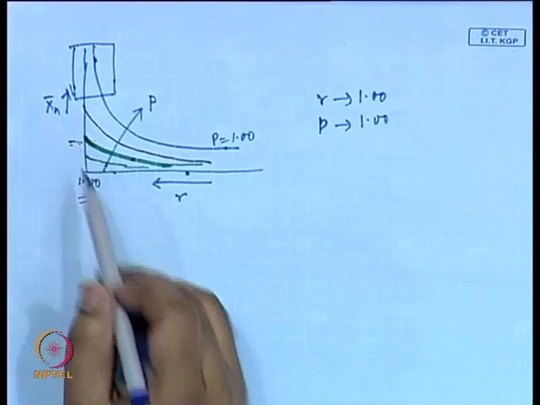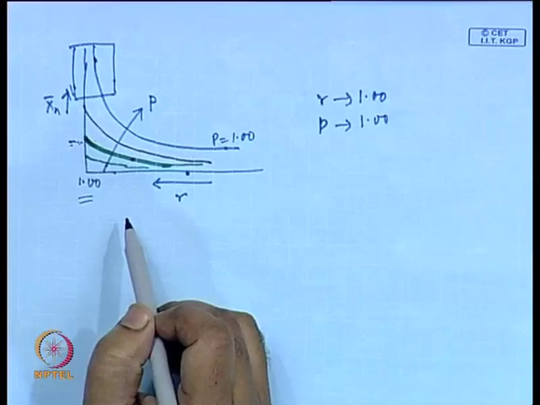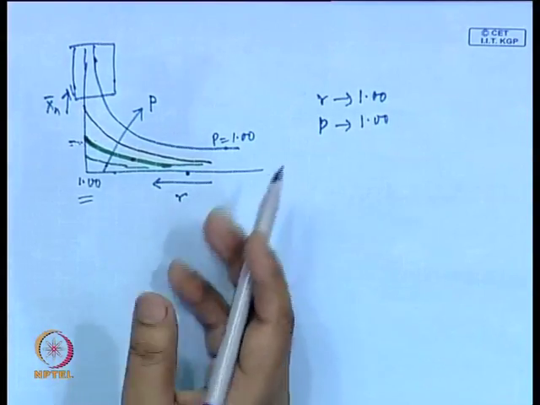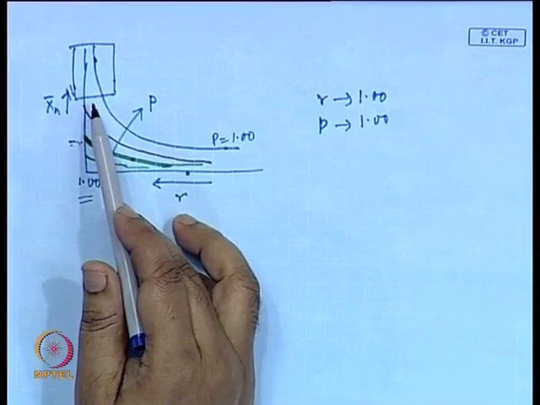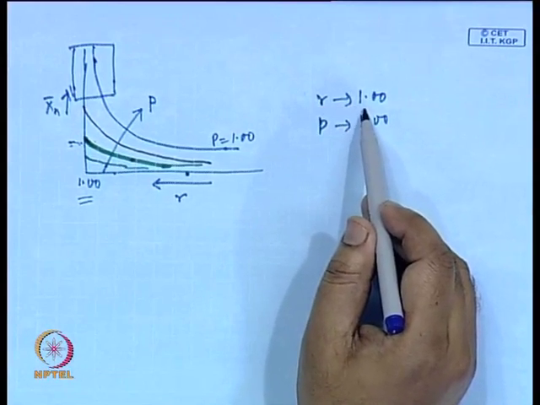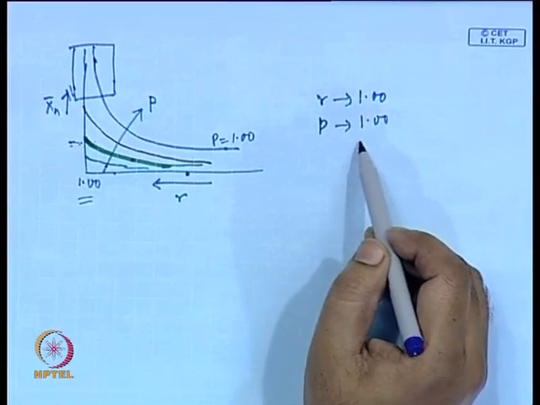So, for a successful step polymerization, by successful I mean building a high molecular weight, you have to have a condition where R is close to 1 and P is 1.